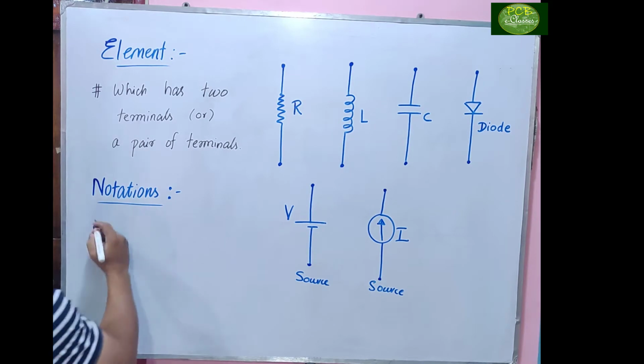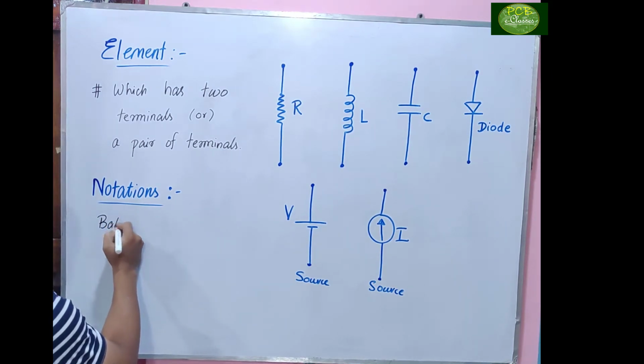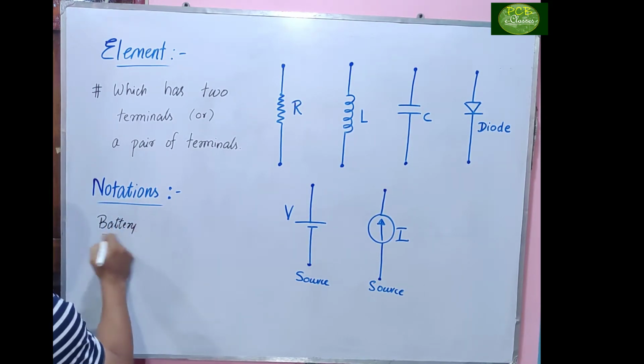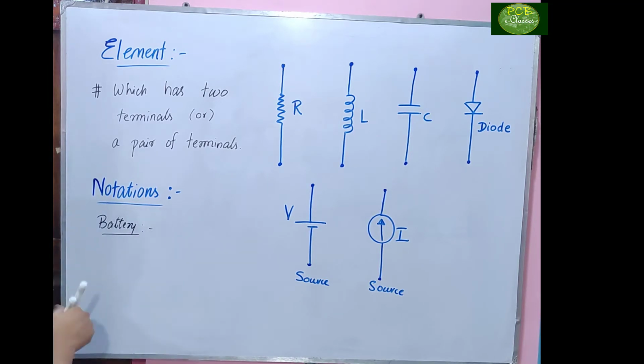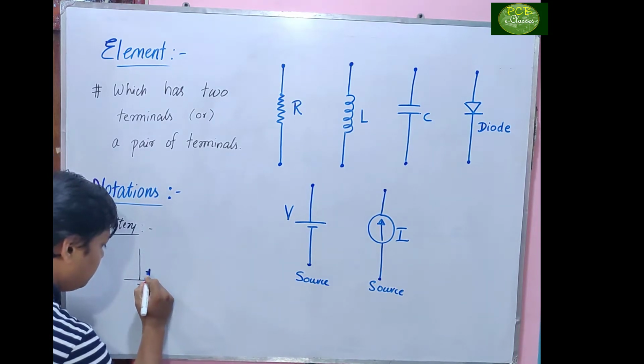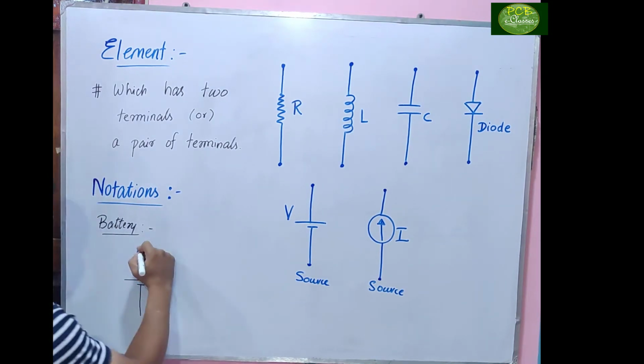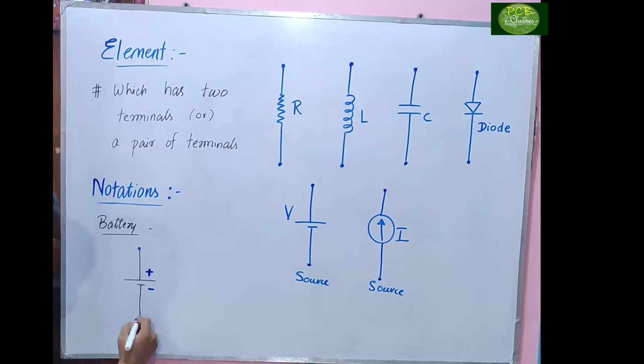If I will go for the battery, how it is denoted? This is said to be the battery, which is having one of the terminal positive, another negative. So this terminal will be positive and this terminal will be negative, represented as this one.